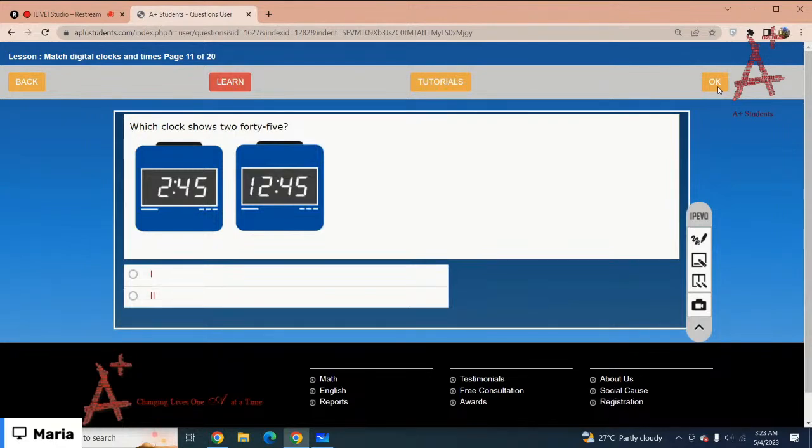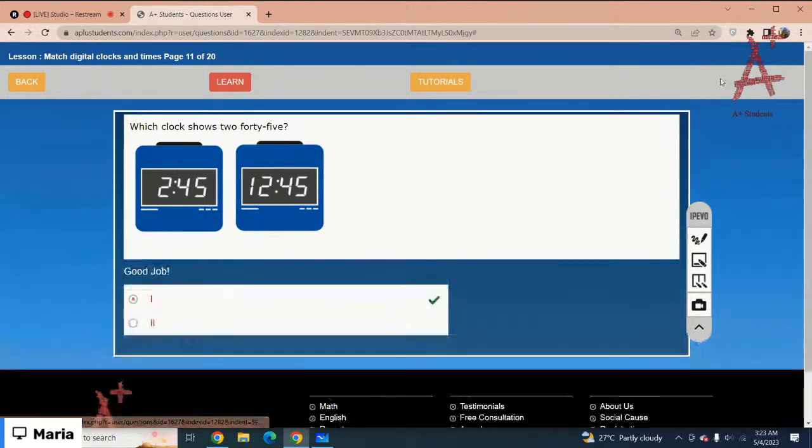Which is the correct option? Yes, the first one. You can see the hour is 2 and the minute is 45 minutes.